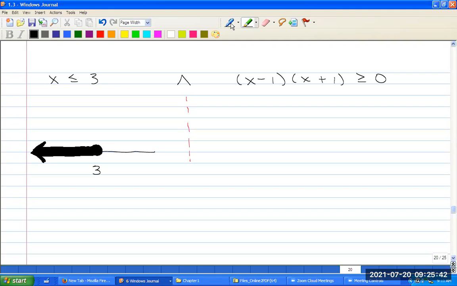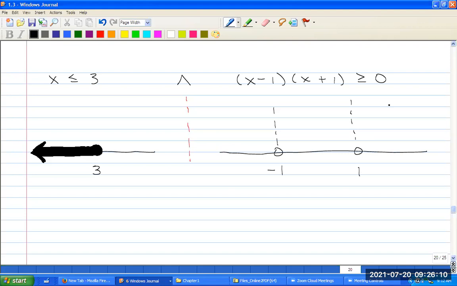And, well, let's do the other one. I have here that x could either equal -1, that's a critical number, or +1, that's the other critical number. Let's pick a number greater than 1, let's say 2.